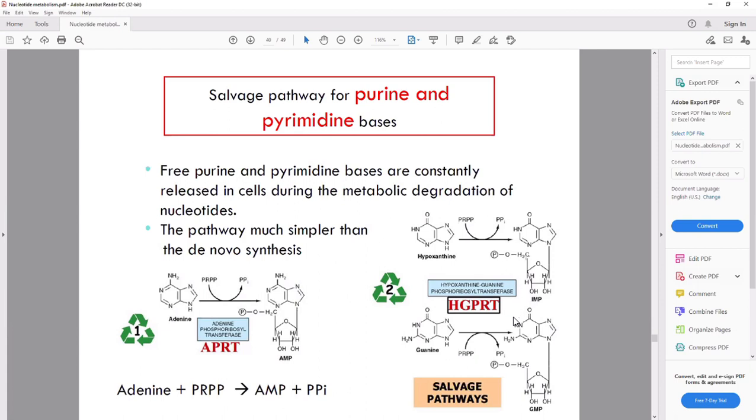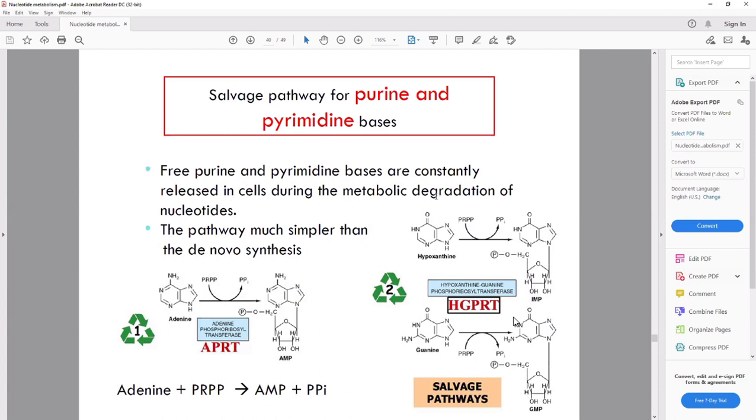In the salvage pathway, all these three involve the contribution of PRPP to the recycled intermediate to form either AMP, IMP, or GMP.